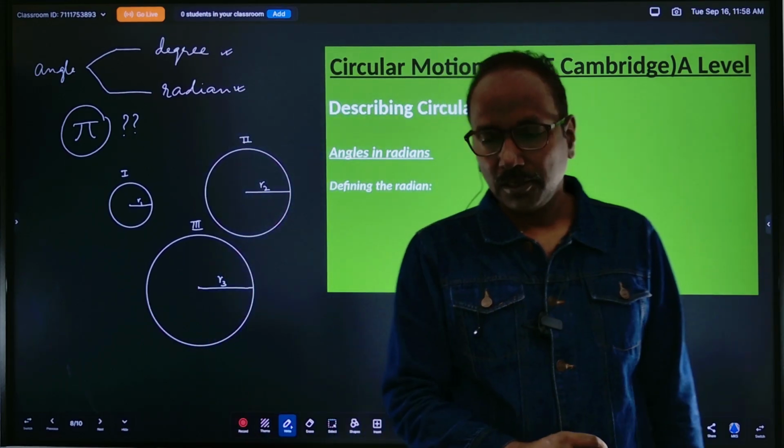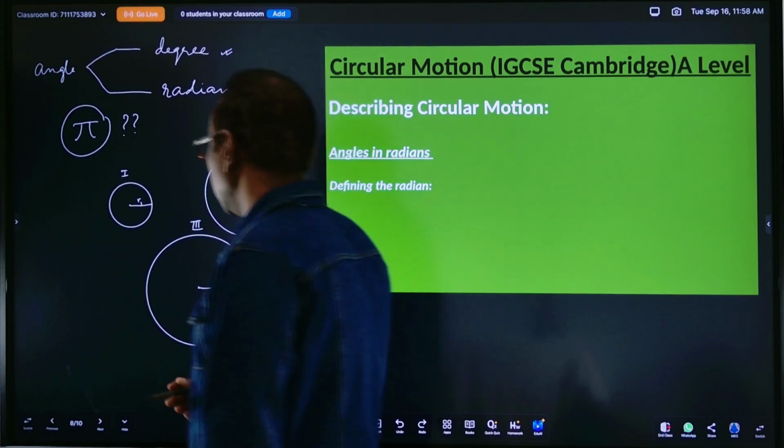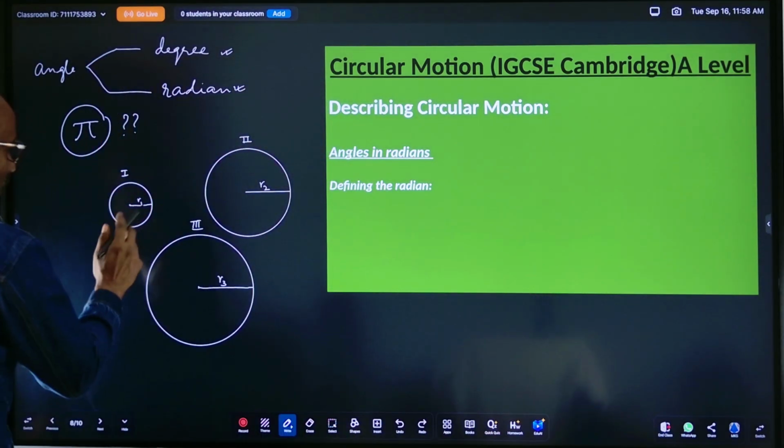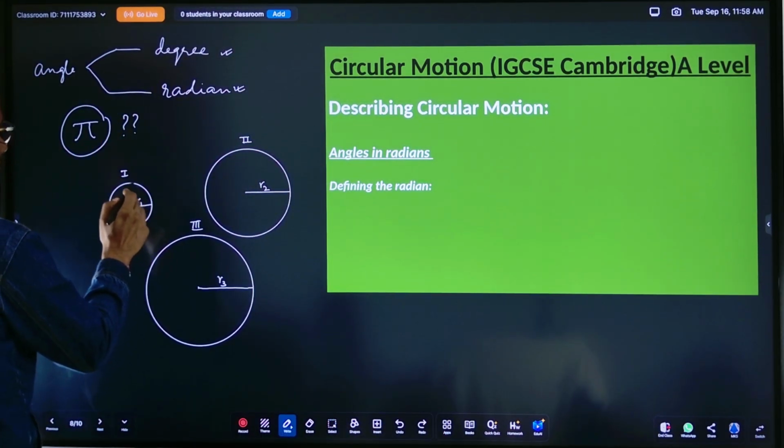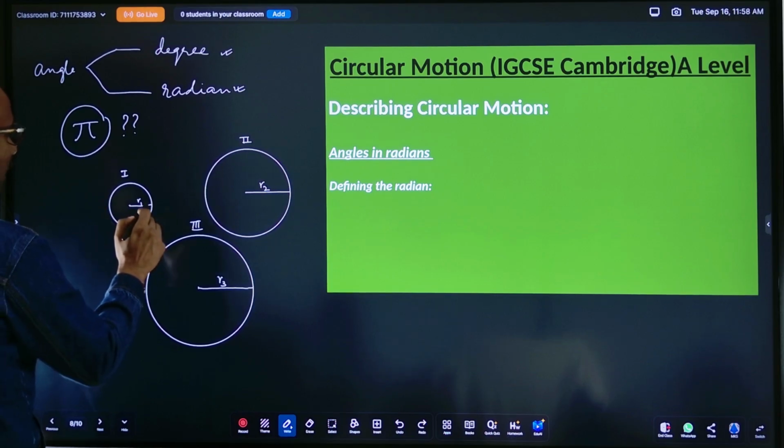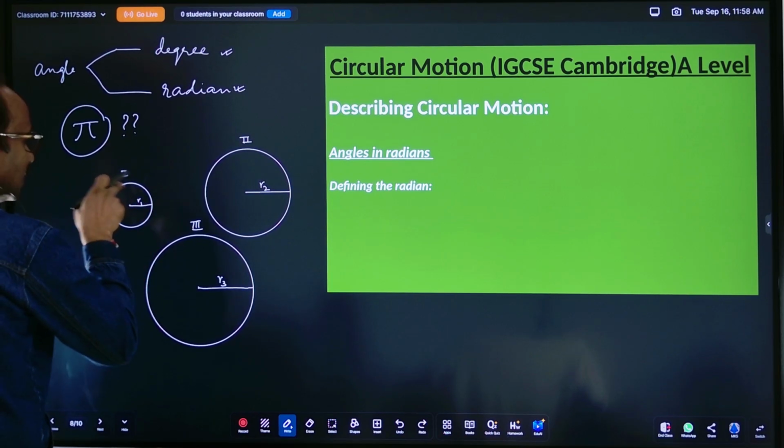So while doing this, what they got: the total arc length from here to here is for the complete circle.